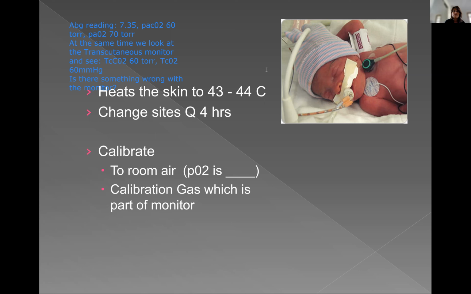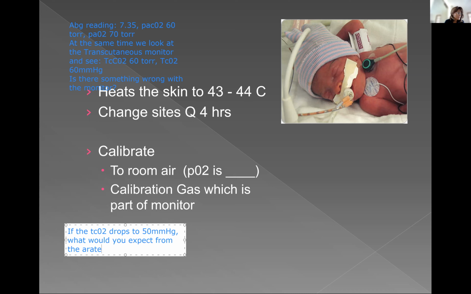Okay, and then another question. Let me put it down here. If the transcutaneous O2 drops to 50 millimeters of mercury, so what was it? 60.